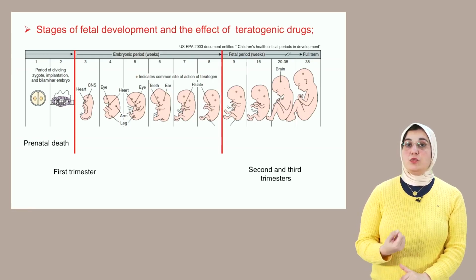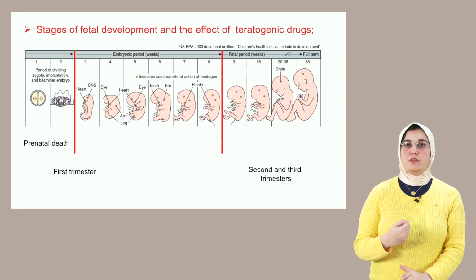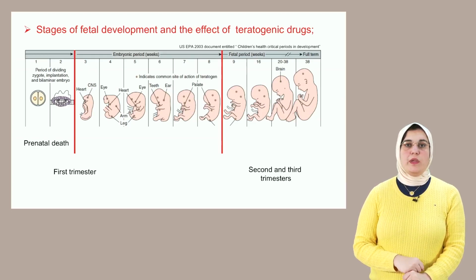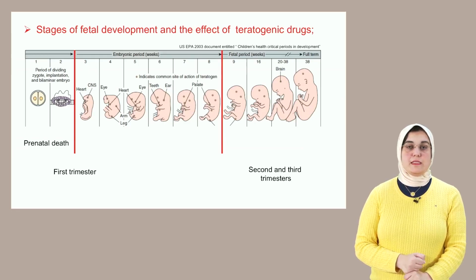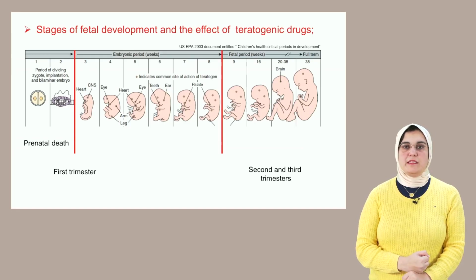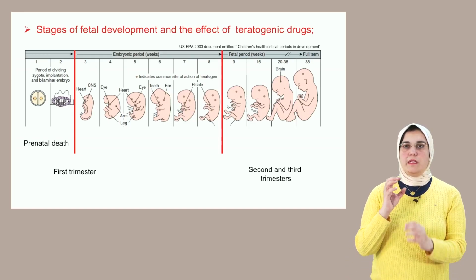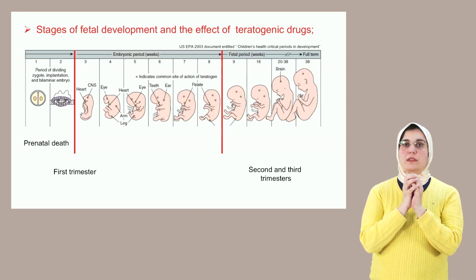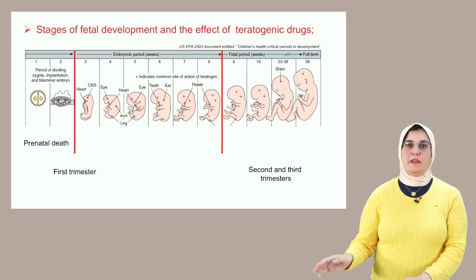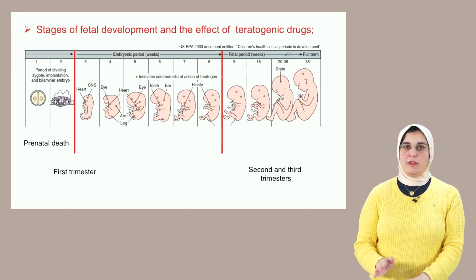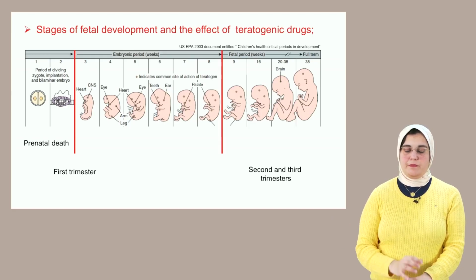If a teratogenic drug is given to the mother during the first 2 weeks, we can have a prenatal death. What is the meaning of prenatal death? The mother loses her pregnancy. Simply, this bunch of cells will die and be lost. So the mother loses her pregnancy. This is the first effect.